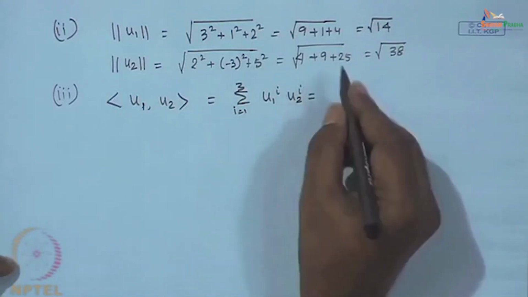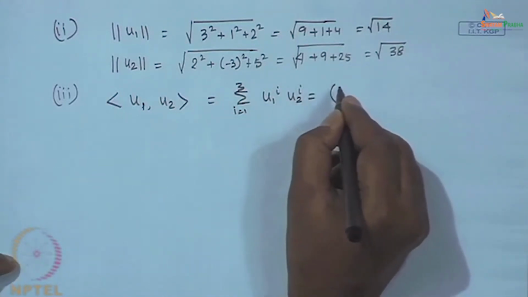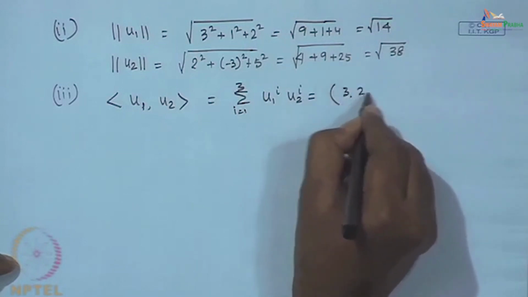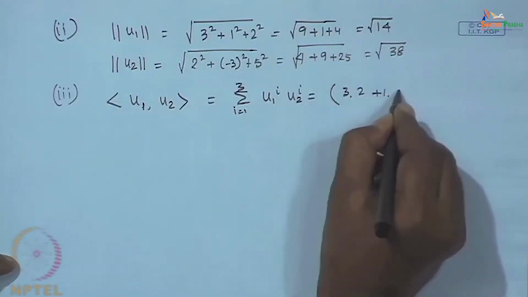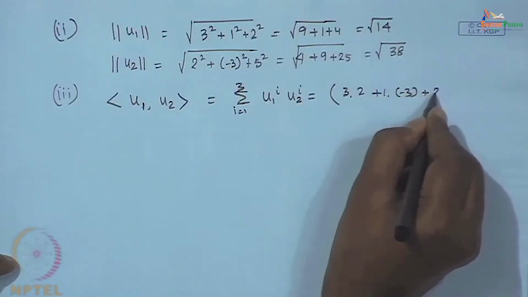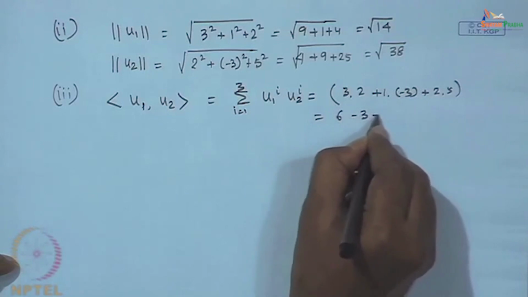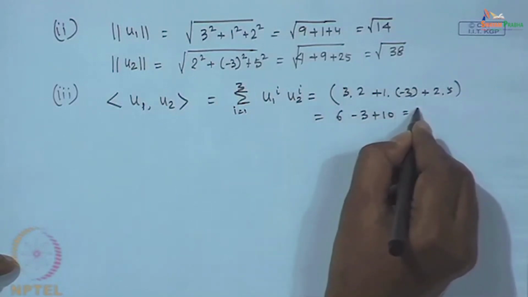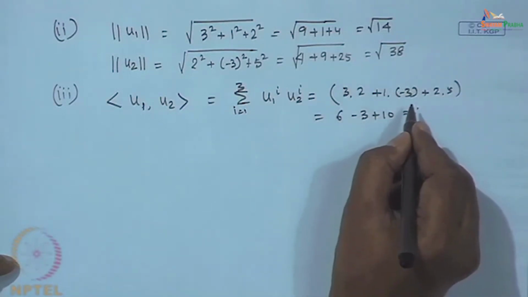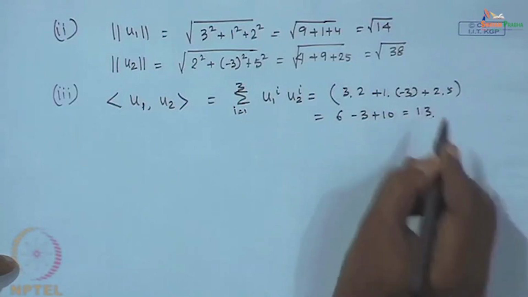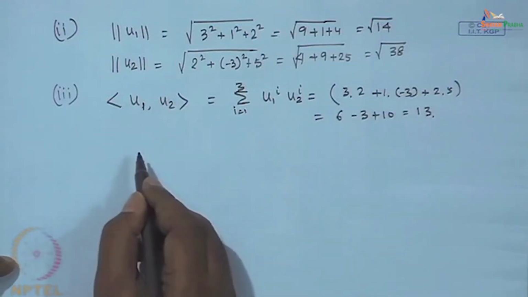So, it will be 3 into 2 plus 1 into minus 3 plus 2 into 5. So, it will be 6 minus 3 plus 10, which is 13. So, that is the inner product between u1 and u2.